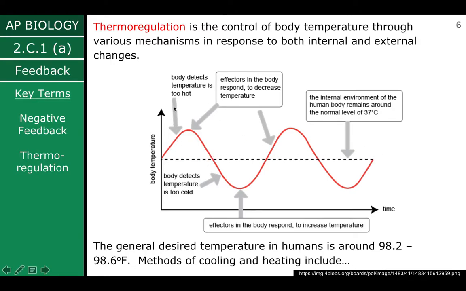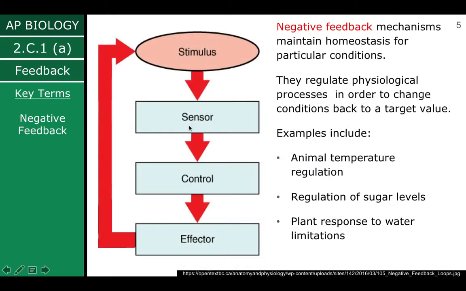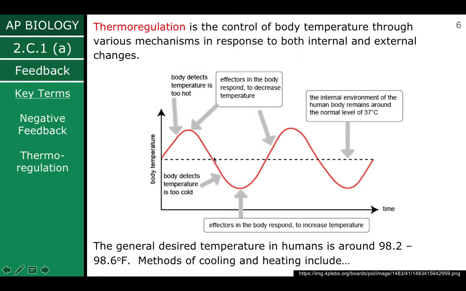So for example, the body detects that the temperature is too hot, so the effector is going to respond and decrease the temperature. Now if the temperature is too cold, then the body will respond to increase temperature, back and forth until we get to our homeostasis.